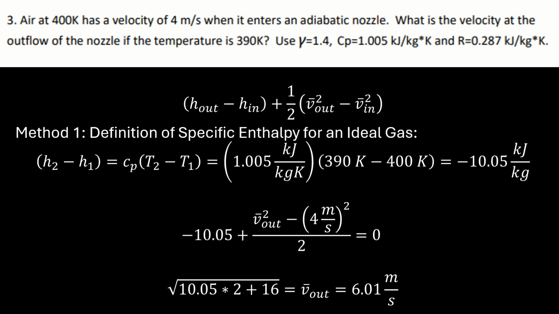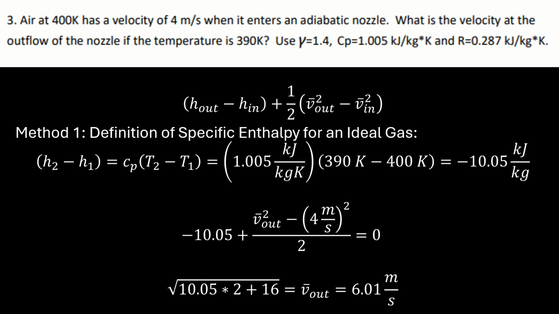So in solving this equation, we have 2 different methods. They're both using a definition of specific enthalpy for an ideal gas. One of those is replacing H2 minus H1. We can use the isobaric specific heat capacity times the change in temperature, T2 minus T1.